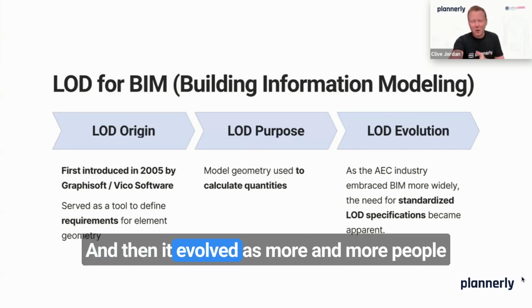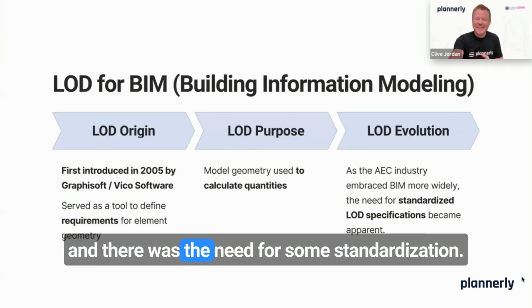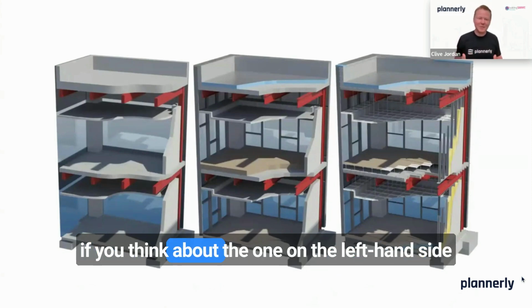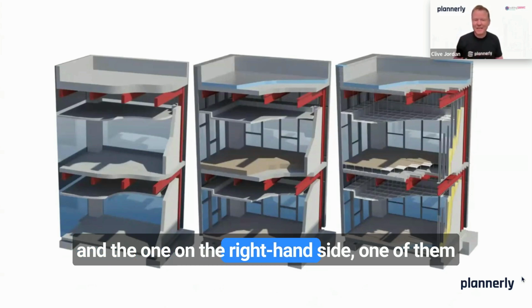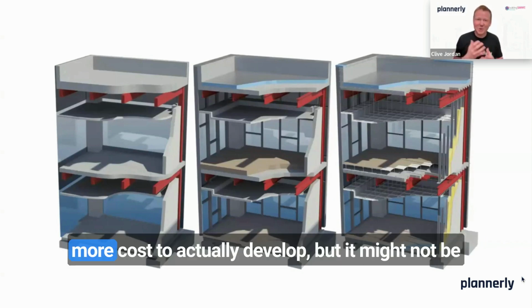Then it evolved as more and more people around the world started to adopt this concept, and there was a need for some standardization. As you look at a building, it's quite obvious. If you think about the one on the left-hand side and the one on the right-hand side, one of them takes more time, more commitment, more resources, more cost to develop, but it might not be needed.